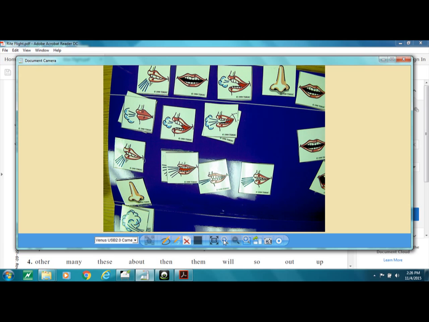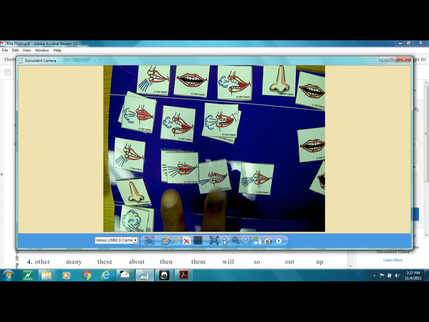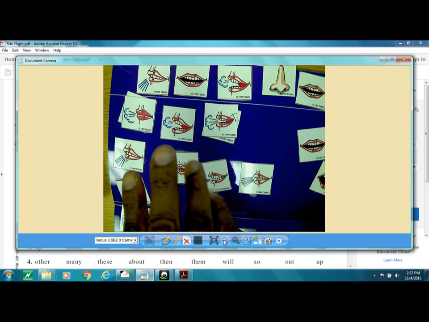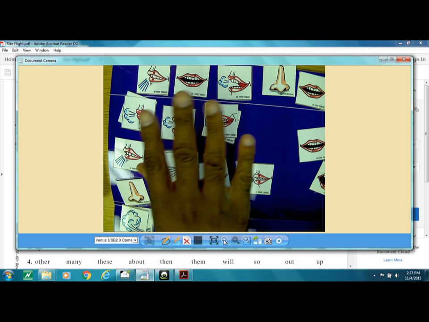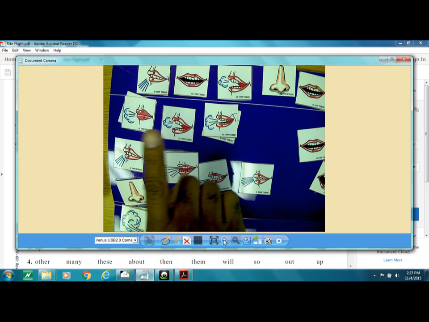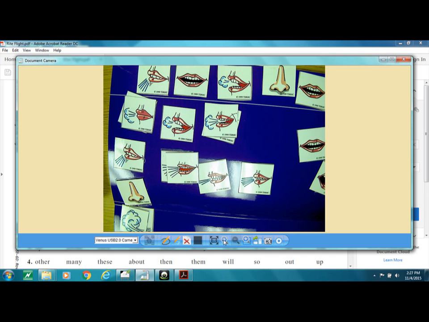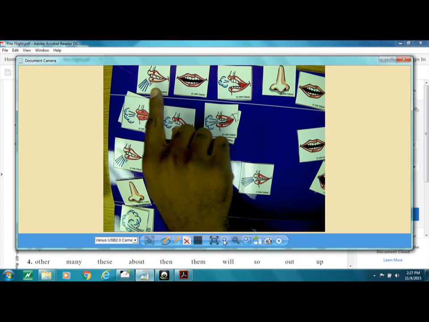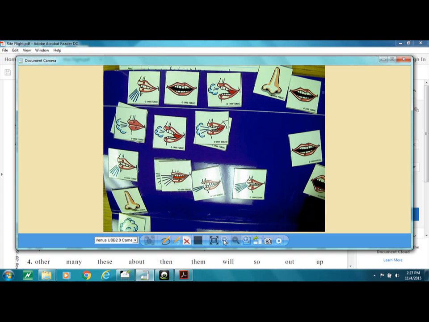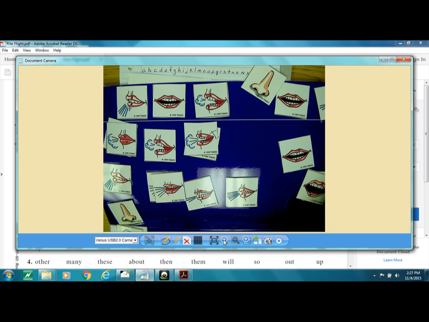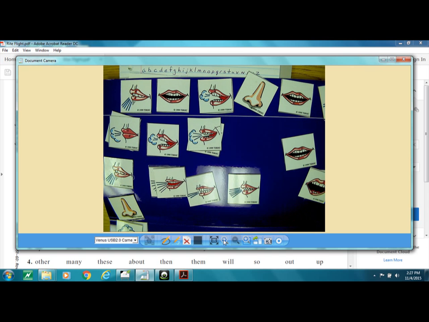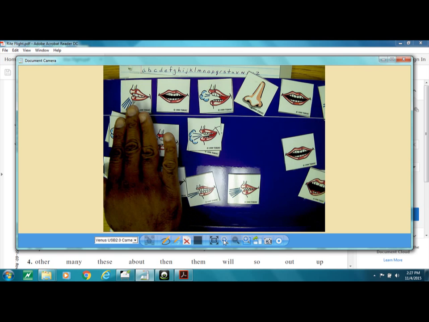You echo fitness, unblend it. Then you place your cards, your mouth pictures, which we've already done. Now we're going to have to identify our base word, fit.